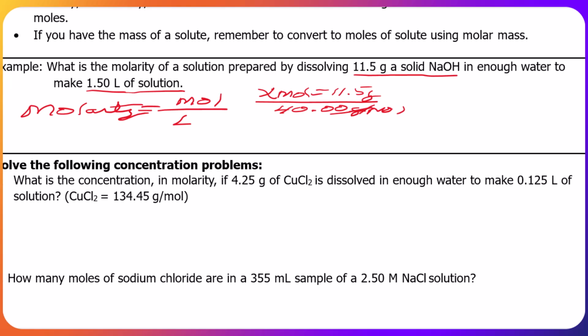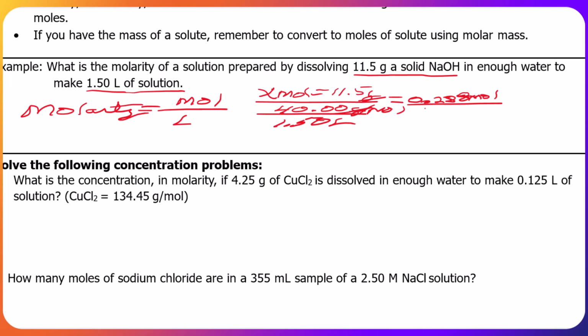The grams cancel, and when I do the math, 11.5 divided by 40 gives me 0.288 moles to 3 sig figs. Now, all I need to do to get molarity is divide by 1.50 liters of solution.